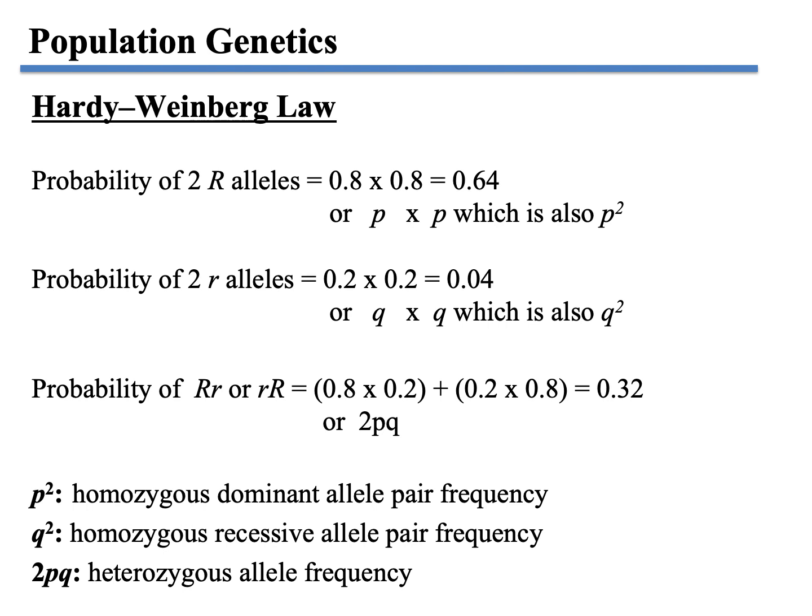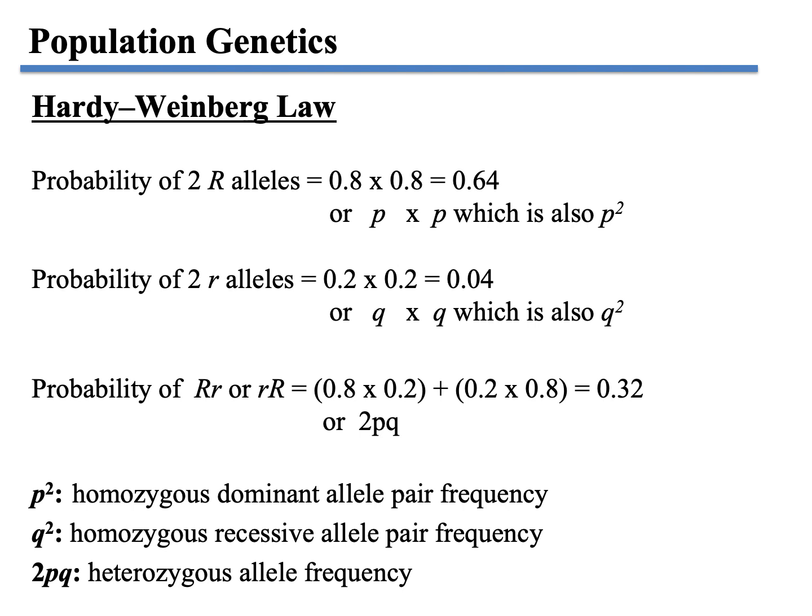And the probability of heterozygous individuals is either the dominant first and the recessive second, or the recessive first and the dominant second: 0.8 times 0.2 plus 0.8 times 0.2. This can also be rewritten with the substitution of p and q for the dominant and the recessive alleles, which could be simplified as 2pq.